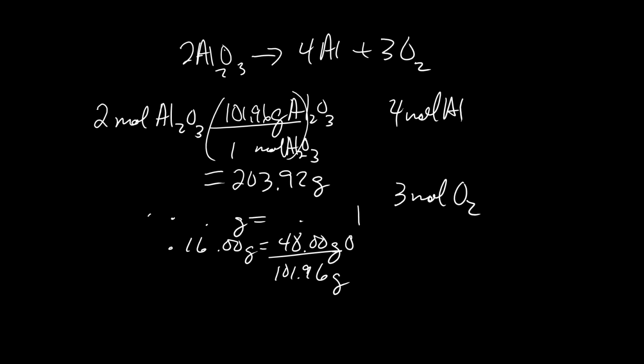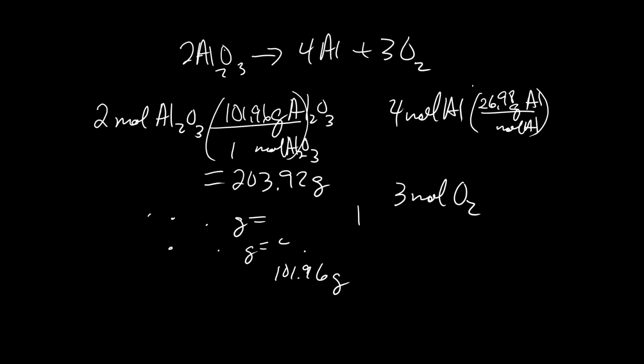Okay. Now I just got to work on the products. Moles of Al, change to grams of Al, and that's 26.98. So 4 times 26.98 is 107.86 grams of Al.